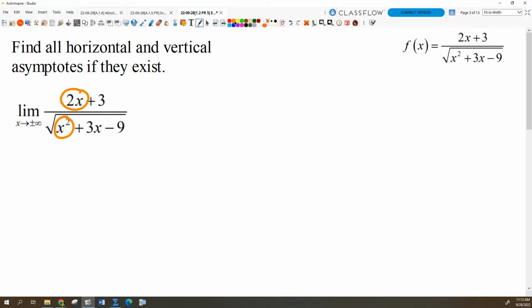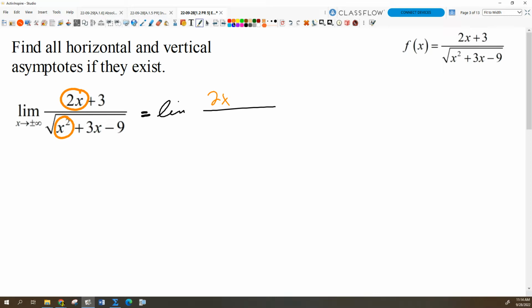Okay, so what's that going to look like then? On the top, we would just get a 2x. On the bottom, we've got an x squared. Now, it's inside a square root, but that thinking still applies, doesn't it? Because the x squared term would still dominate.